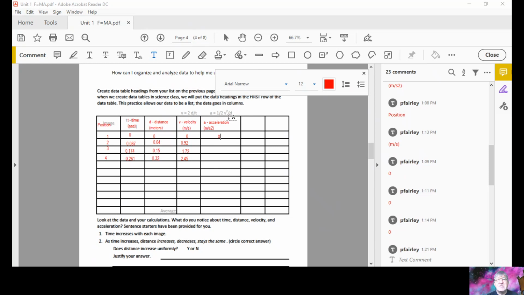The last thing I have to do is divide by d. So divide by, what was my d? Make sure I got the right one. 0.04. 0.04. Hit the equals button. My acceleration, 10.58.